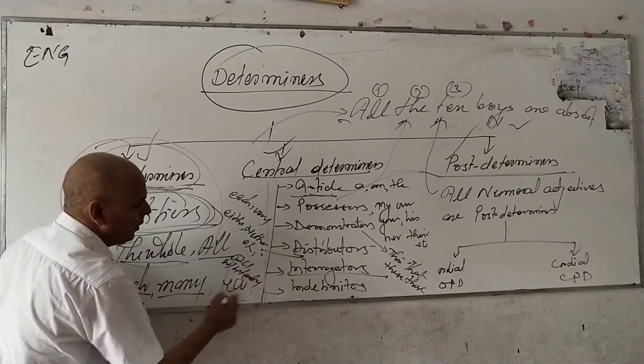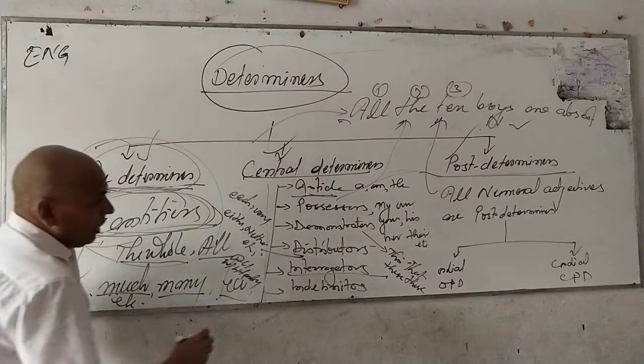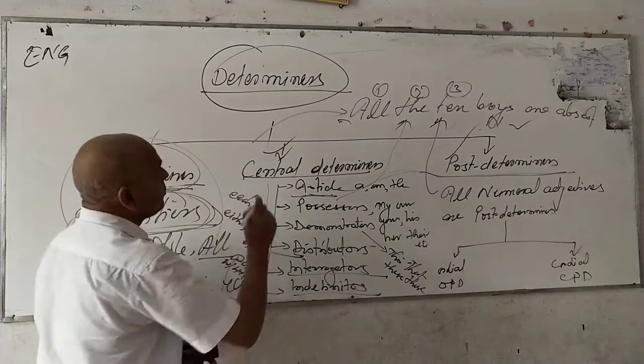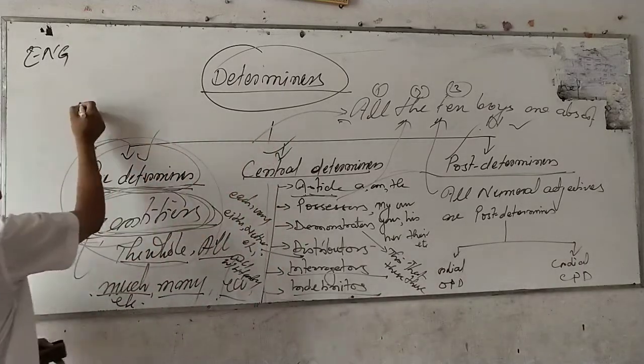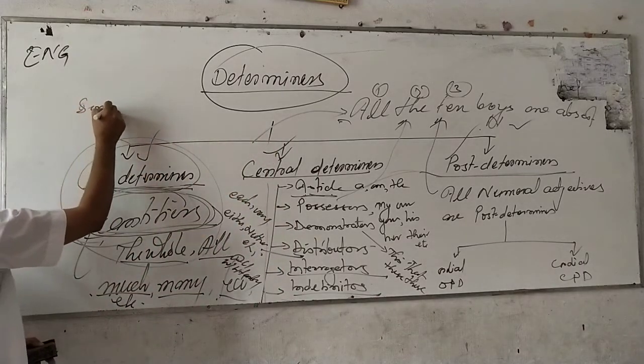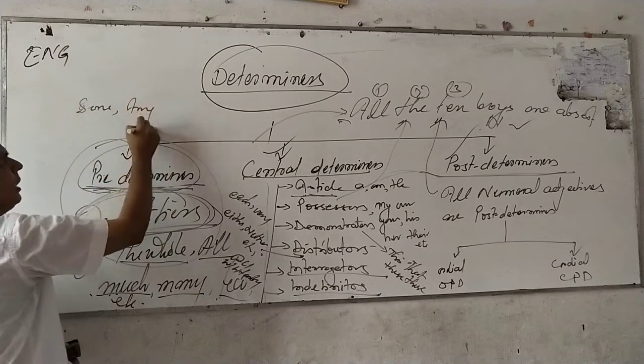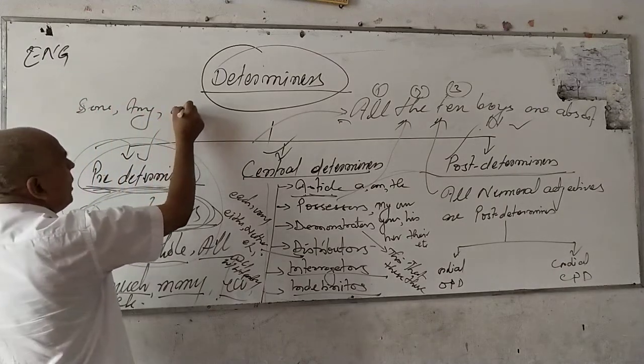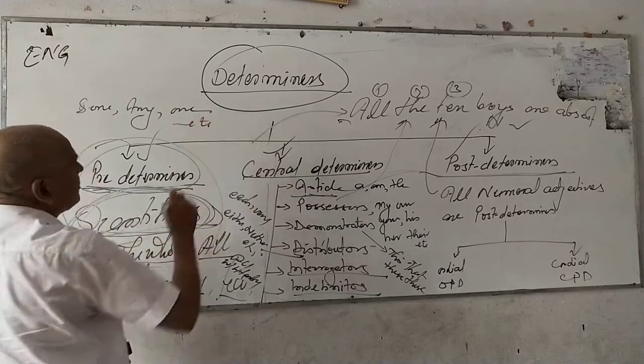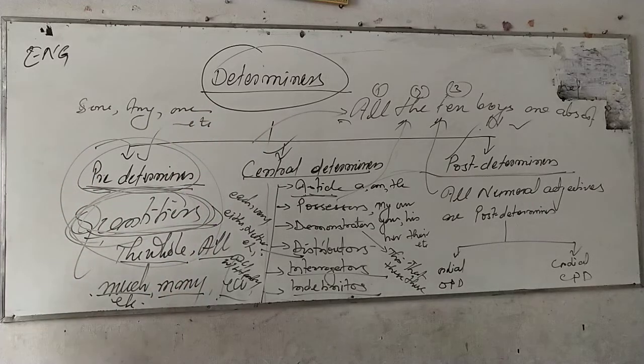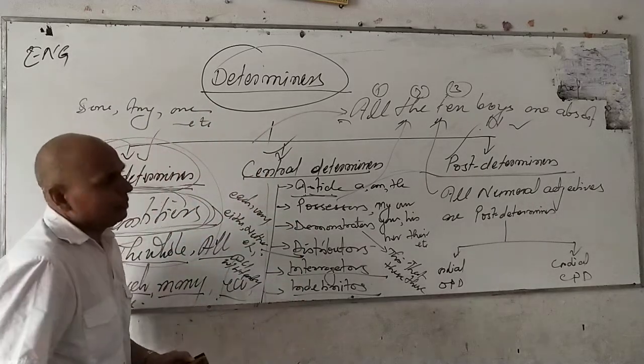Indefinitors: some, any, one, etc. These are the central determiners.